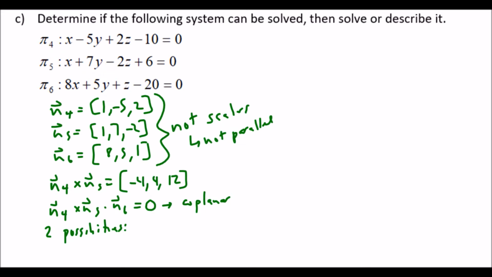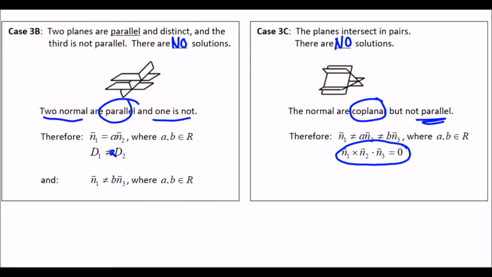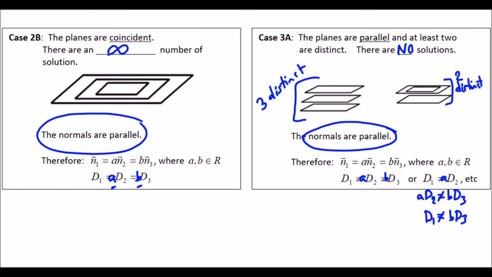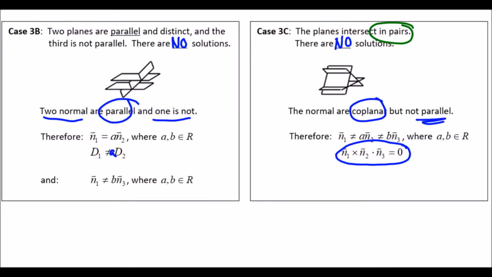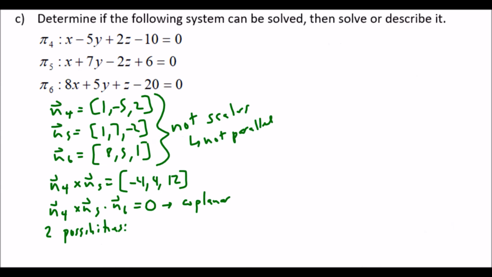Going back here, if they're coplanar, I've either got this, where they intersect in pairs, so 3C, or my other case, going back one more, where they intersect in a line. So those are really the two options for coplanar. Intersect in pairs, which is no solution, or intersect in a line, which means there are infinite solutions. All right, so two possibilities.